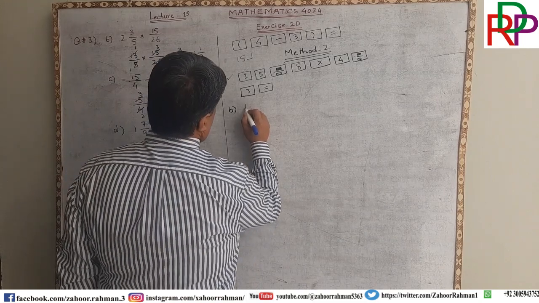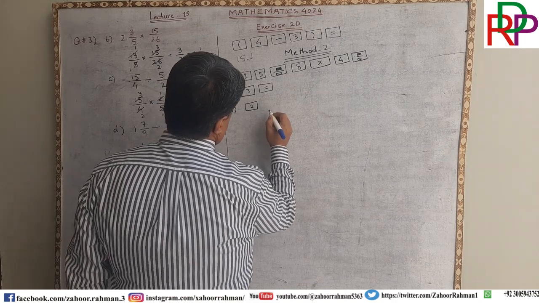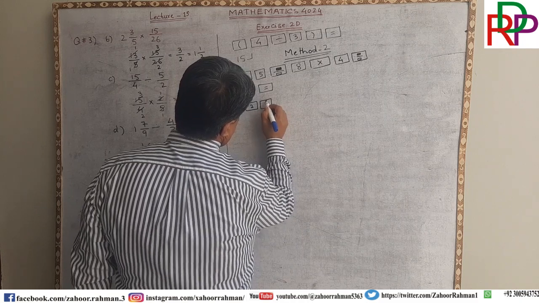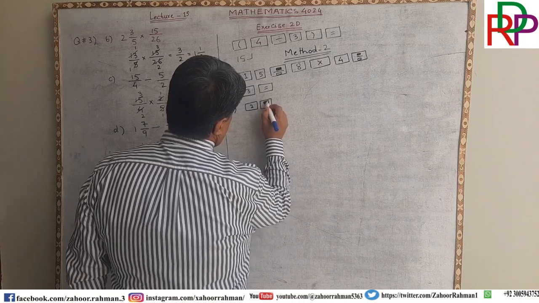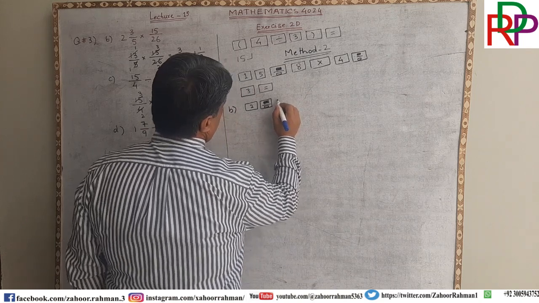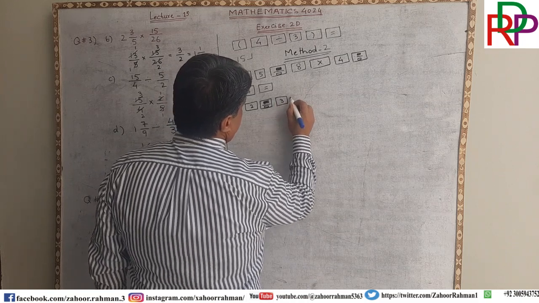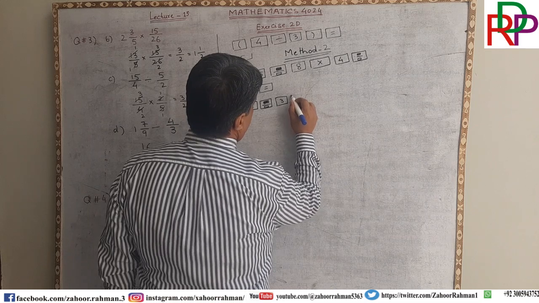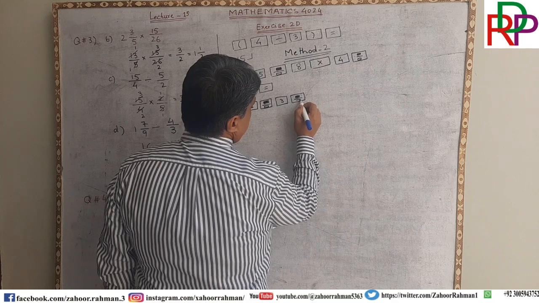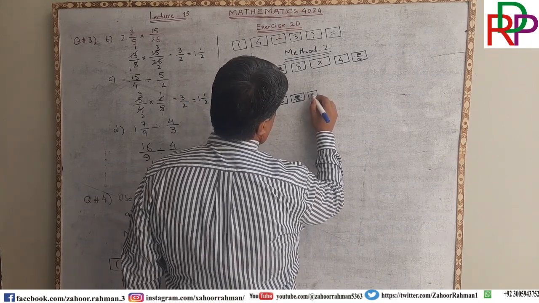So you have to press first the 2 button, and then you have to press this button, and then you have to press 3 button, and then you have to press again this button, and then you have to press 5.